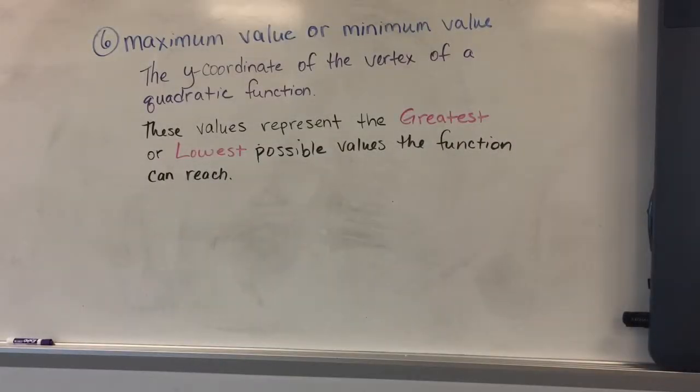Next vocabulary word, we have maximum value or minimum value. So these would be the y coordinate of the vertex of a quadratic function. And just a side note, these values represent the greatest or lowest possible values the function can reach.